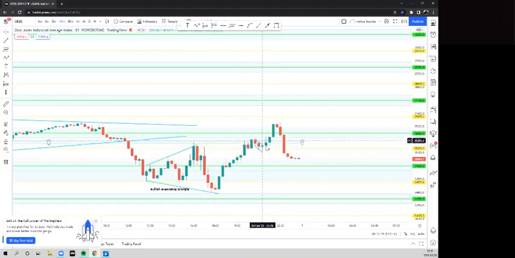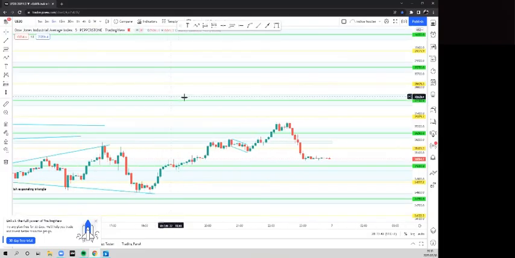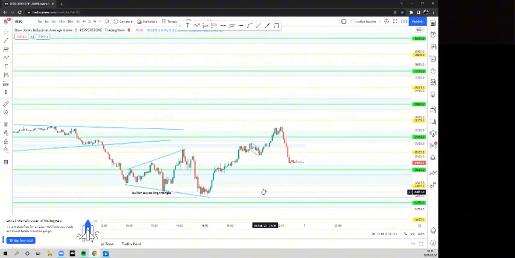This is a bullish flag. Look what happened. Price went up. Let's drop a time frame. Clear as day.